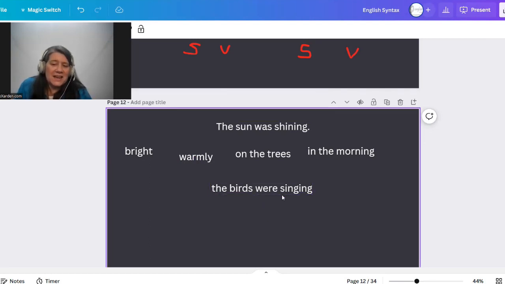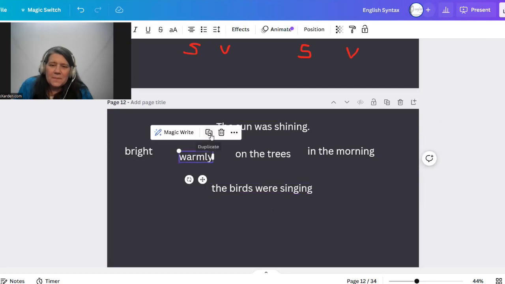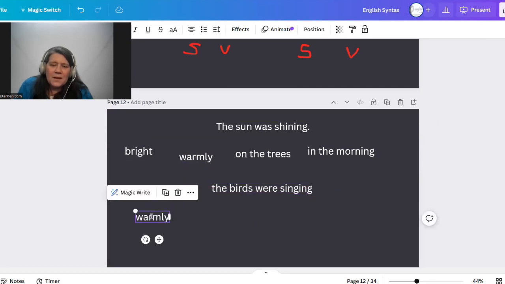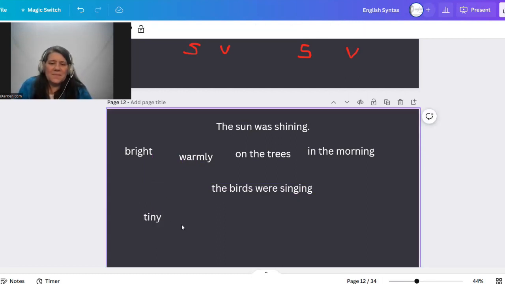The birds were singing. What kinds of birds were they? Maybe they were, what do you think? Maybe they were tiny, very small. Maybe they were tiny birds. How were they singing?